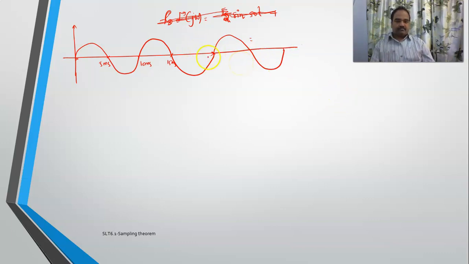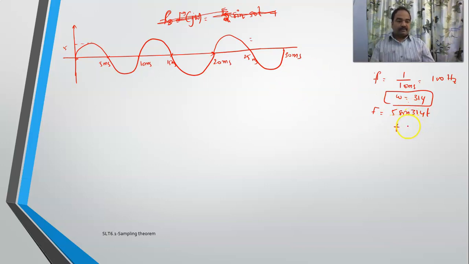Now see the sampling frequency, the frequency here in this case is 1 by 10 milliseconds, 100 Hz. So my signal has omega equal to 314, right? Isn't it? Now what is my function? Let us suppose I take the maximum value as 5, so its value is 5 sine 314t.